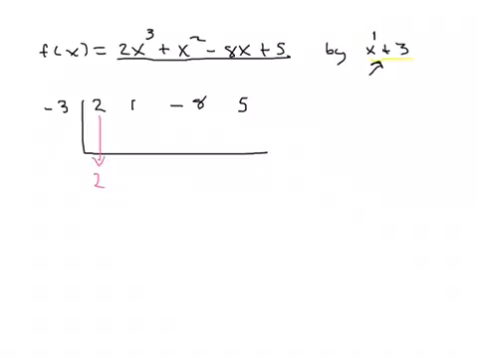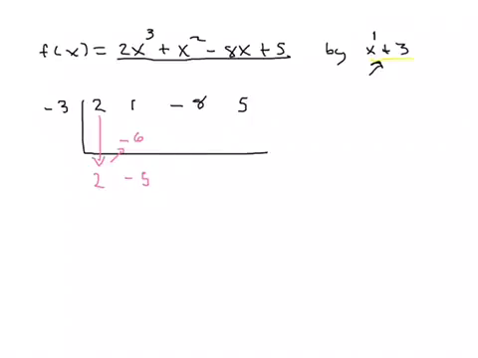So negative 3 times 2 is negative 6. I'm going to put that right there. Now, I add the column. So I'm going to add that 1 and the negative 6, and put it right below. So 1 plus negative 6 is negative 5. And I'm going to put that right there.